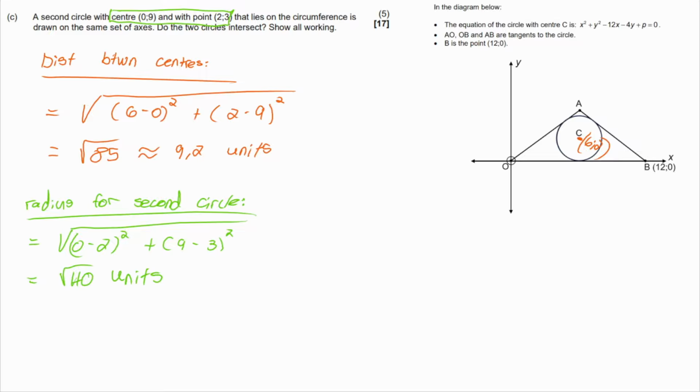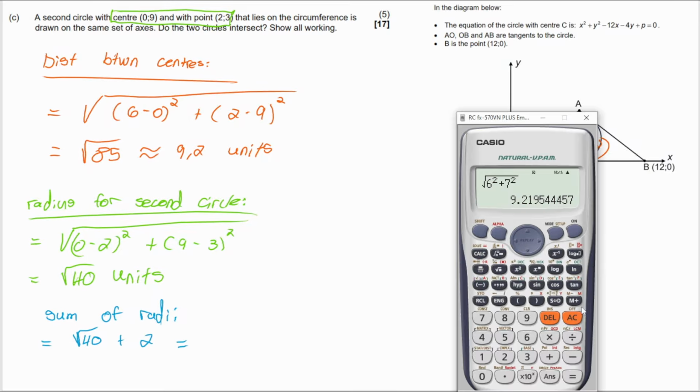Now let's do the sum of radii. The sum of radii is equal to the square root of 40 plus 2, because remember the radius of the first circle was 2 units. If we do that in the calculator, that's a weird number, so let's convert it to a decimal.